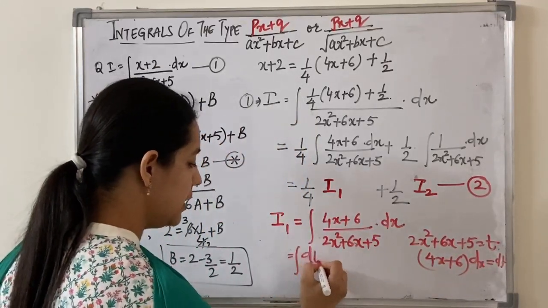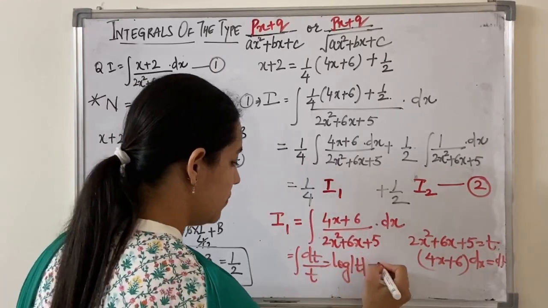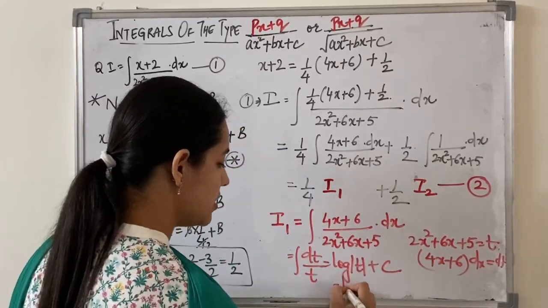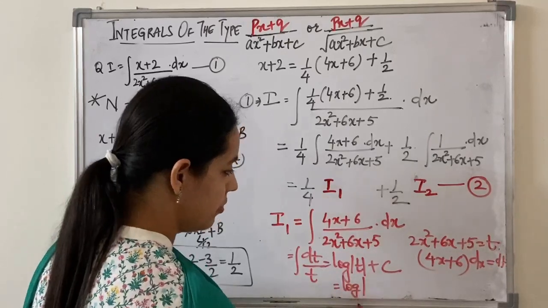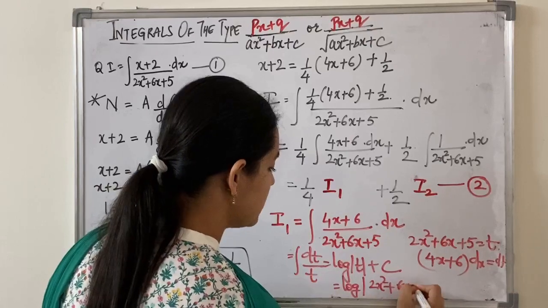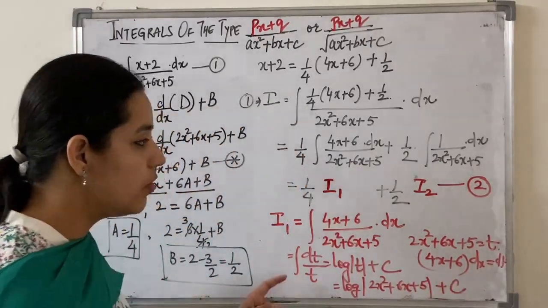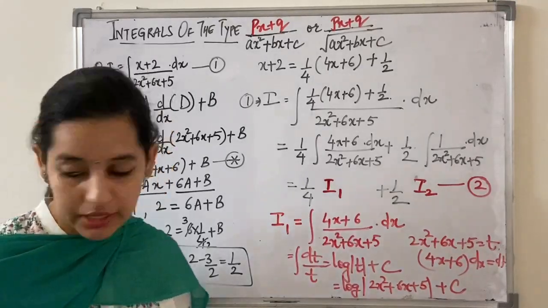So it will be dt upon t, that is log of mod of t plus the constant c. So it is equal to log of mod of 2x square plus 6x plus 5 plus the constant c. This is the value of I1. Now we will solve I2.